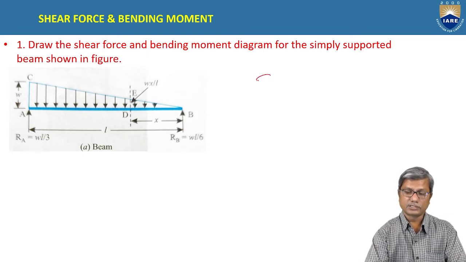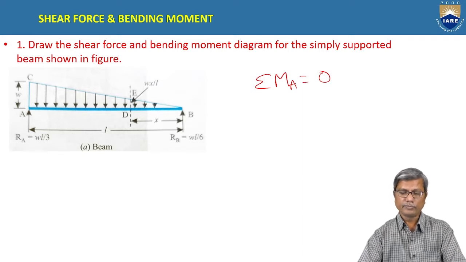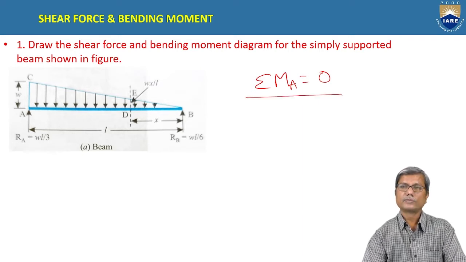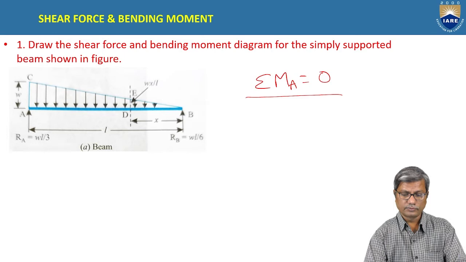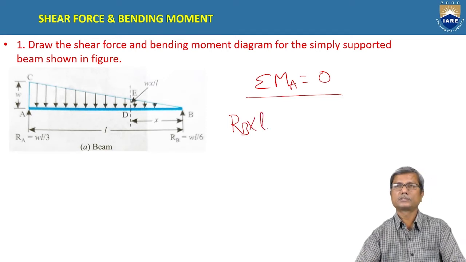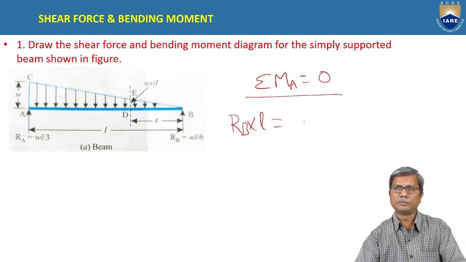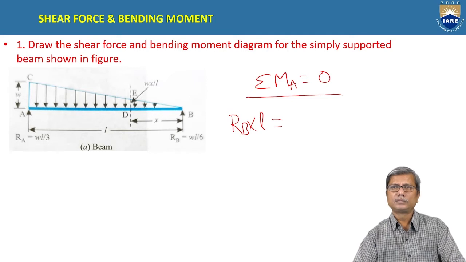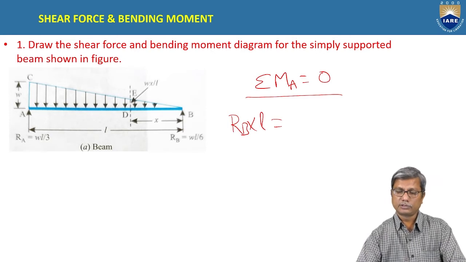For calculating reactions at supports, we apply the equilibrium condition, sigma MA equal to 0. Taking moments about A of all the forces including reactions, we get RB into the distance L, the moment of the reaction RB about A. This is anti-clockwise actually, and sum of anti-clockwise moments is equal to sum of the clockwise moments.